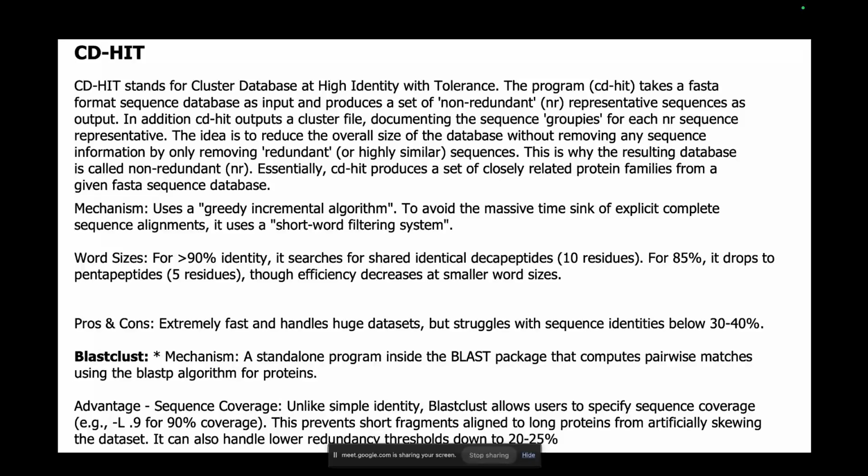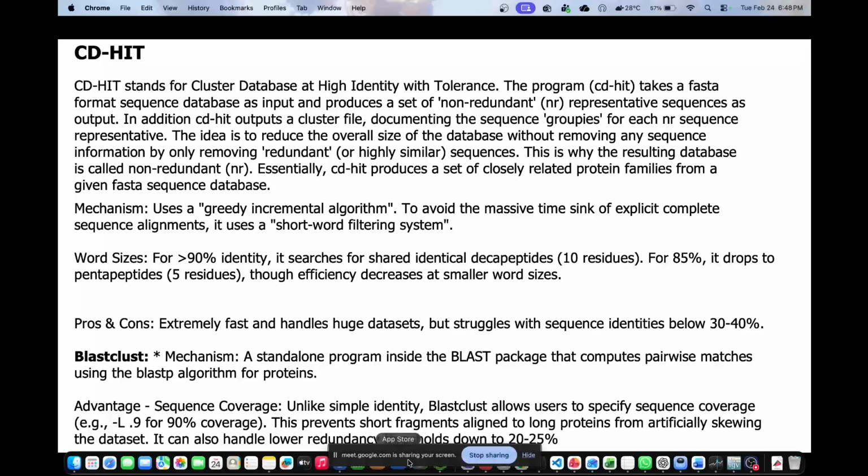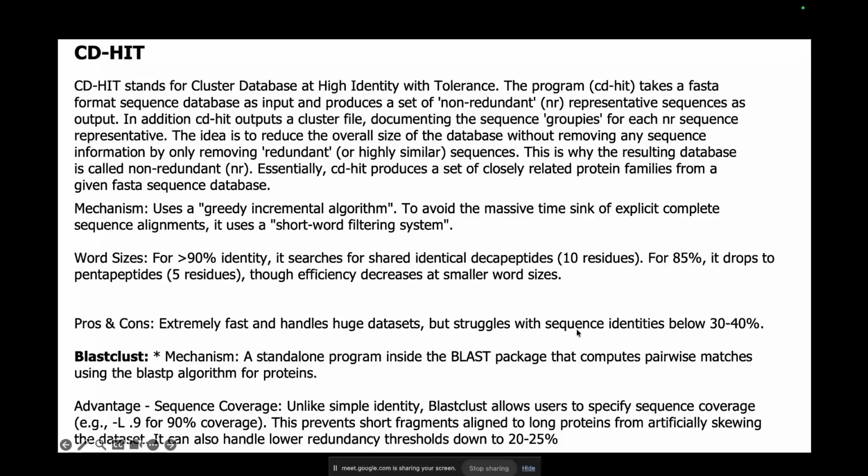Unlike simple identity, BLASTclust allows users to specify sequence coverage. For example, you can define 90% coverage or 80% coverage. So how much of the sequence needs to be covered in your original sequence, you can define beforehand. It also prevents short fragments aligned to long proteins from artificially skewing the dataset. And it can handle lower redundancy thresholds down to 20 to 25%.